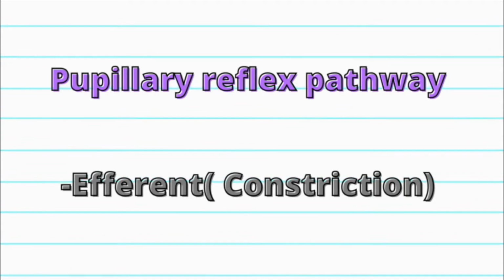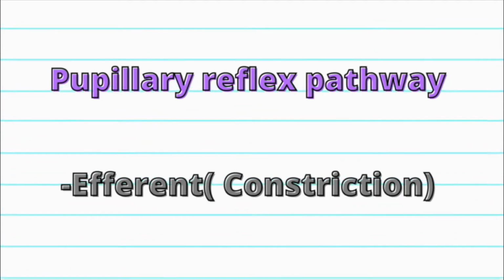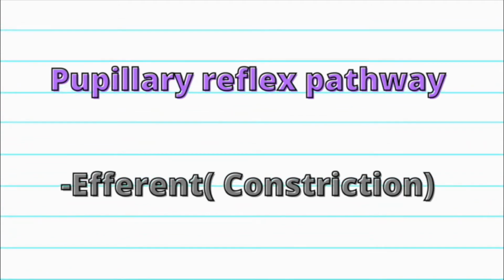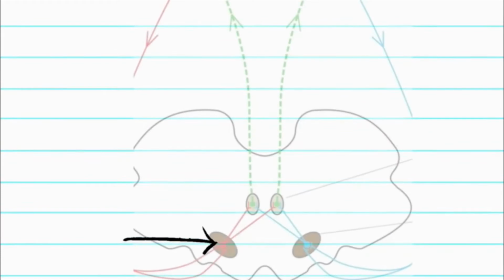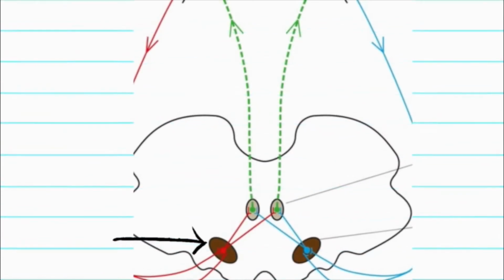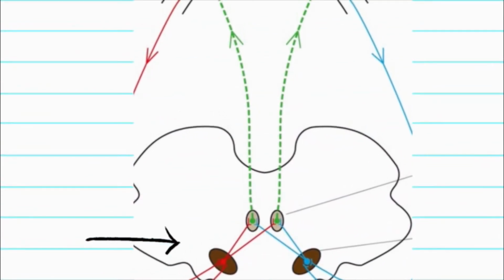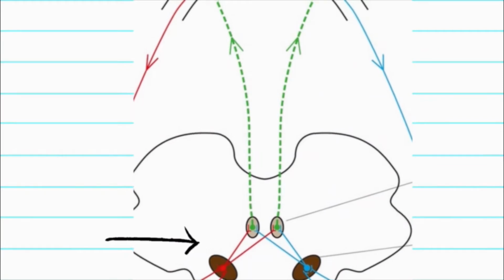So when it comes to the efferent pathway, there's a different pathway for constriction and there's a different pathway for dilation. So we're going to take the constriction pathway first. The pretectal nucleus projects both crossed and uncrossed fibers to the ipsilateral and contralateral Edinger-Westphal nucleus.